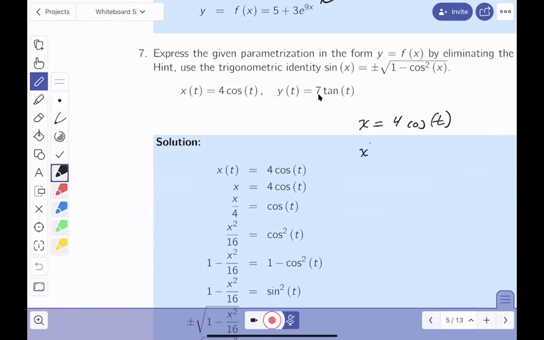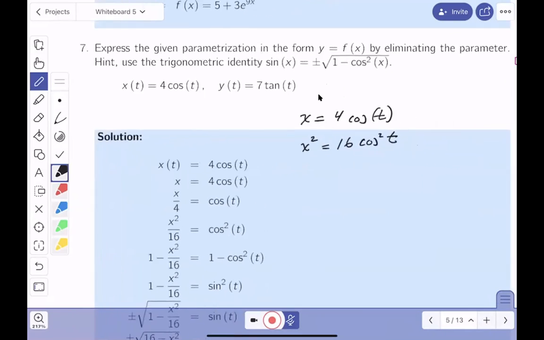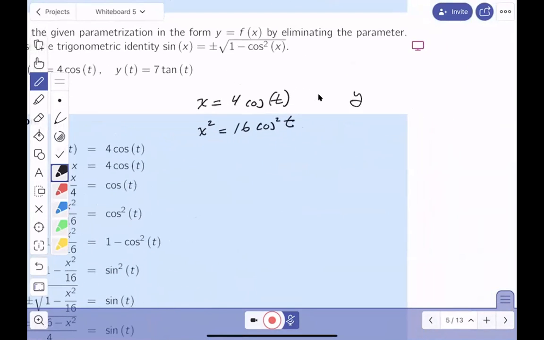X squared is equal to 16 cosine squared t. And we keep going. Y is equal to 7 tangent t. Well, tangent is going to be sine t over cosine t. And y squared, right, would equal 49 sine squared t over cosine squared t.